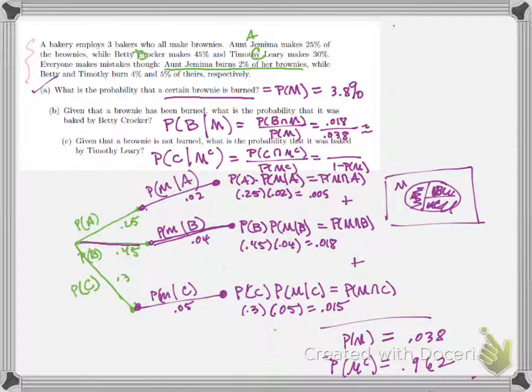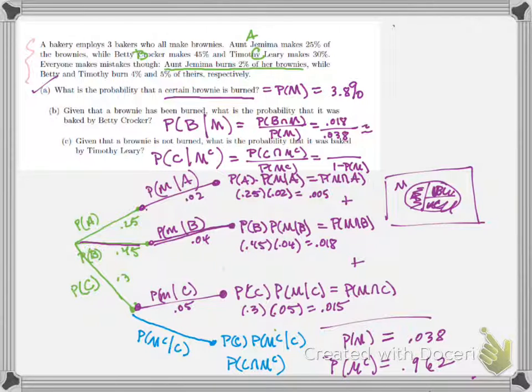Now, what is the top, which is C and not M? Well, we have to construct one more branch down here, and that's this one. So this is the probability of not M given C. Okay, and if I multiply along this line, that is the probability of C times the probability of not M given C, which together gives you C and not M, which is what I want for the numerator up here.